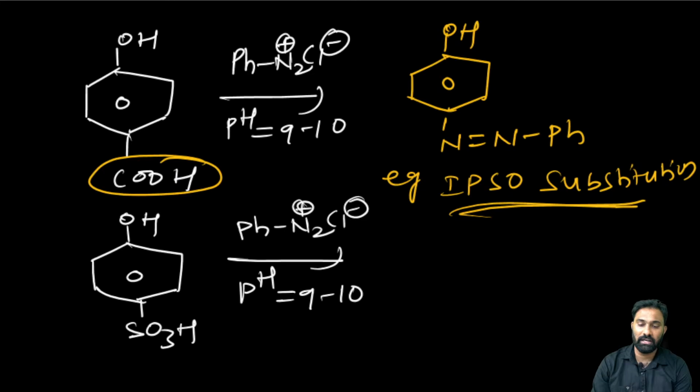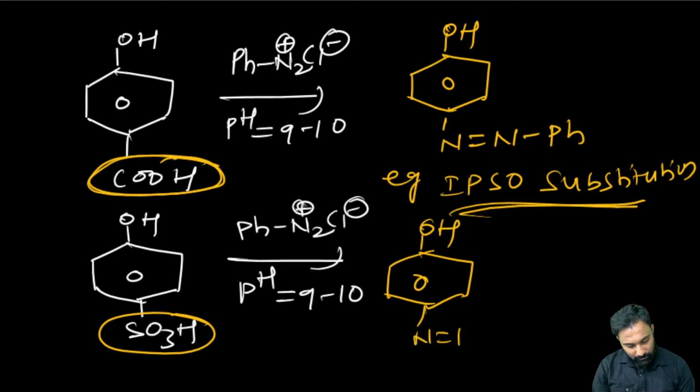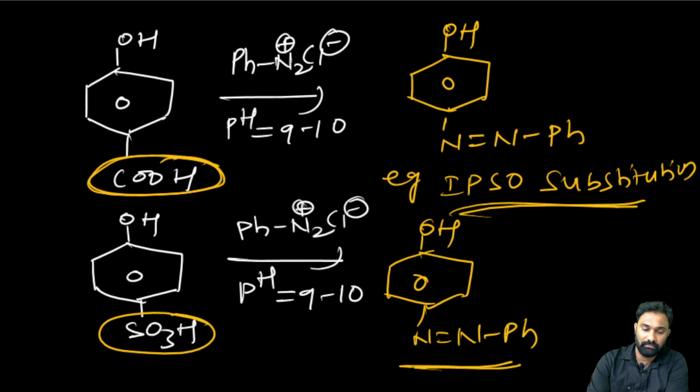You have to be very careful in this. Whenever para-hydroxybenzoic acid is given, the coupling will happen as the carboxylic acid is eliminated. If a sulfonic acid is also given, the same: the sulfonic acid will also be eliminated, and here the coupling will happen.